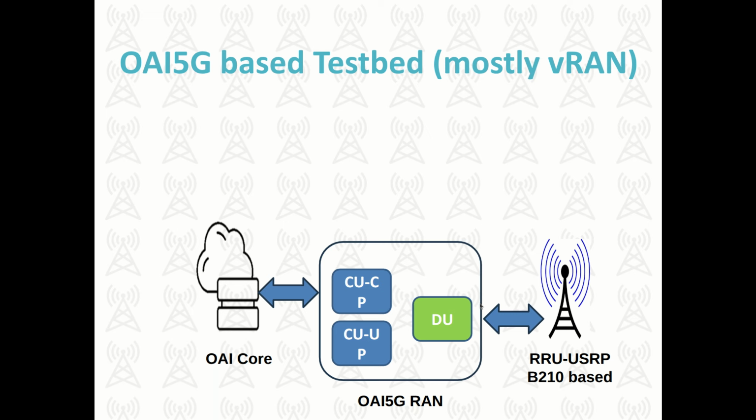So the SDR gets connected to the RAN part through a USB 3.0 interface for B210. Of course, there are some other SDRs which have other interfaces also, but to keep things simpler, let's just say that the B210 talks to the software part through a USB 3. Okay, any query or quick questions?